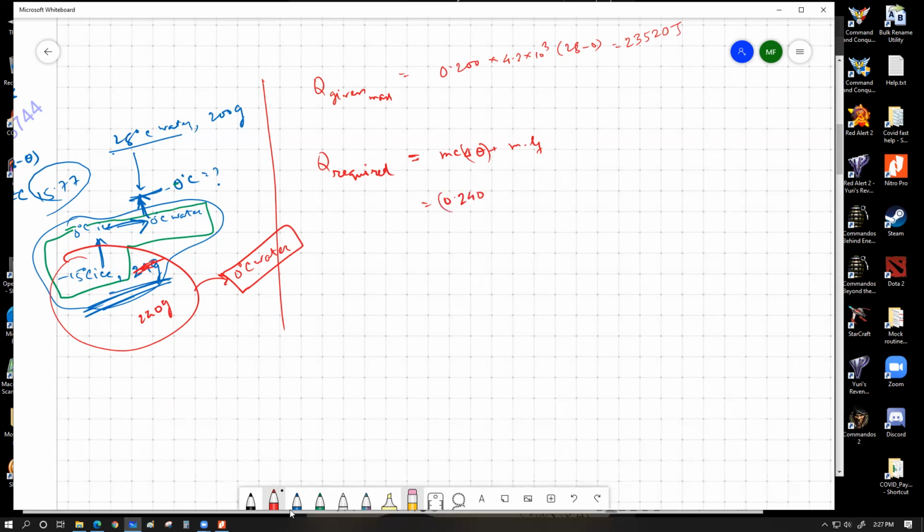0.240 into 2.1 into 10 to the power 3. Delta theta would be 15 minus 0.